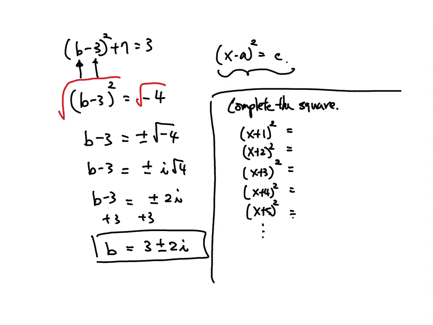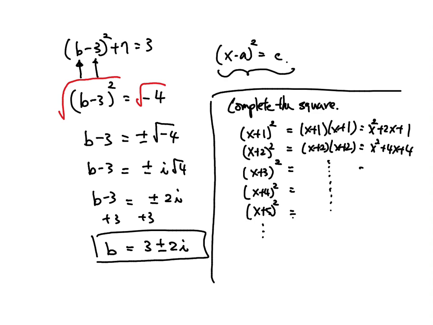X plus 1 quantity squared, that is x plus 1 times x plus 1. If you FOIL that, that's x squared plus 2x plus 1. And this is x plus 2, x plus 2. This is x squared plus 4x plus 4. And so on.